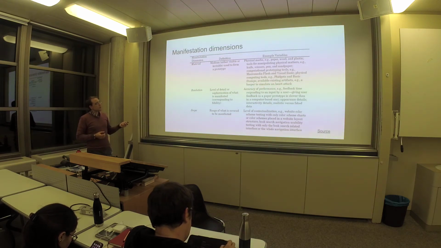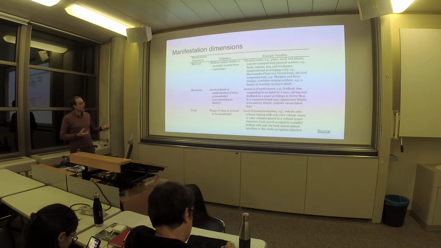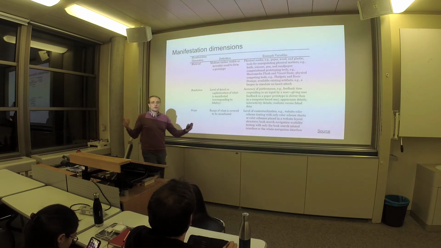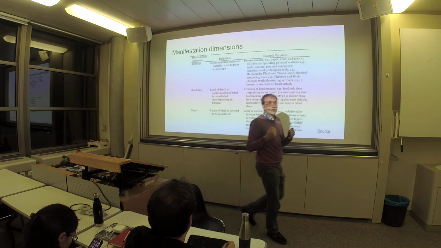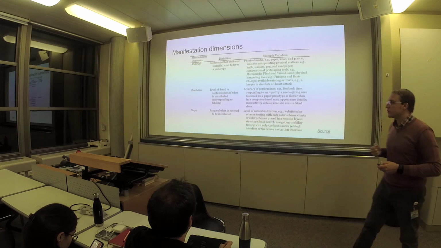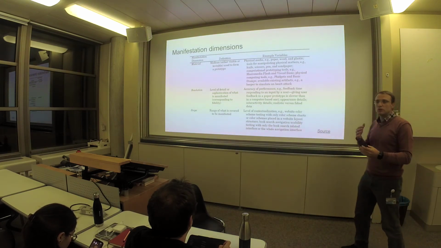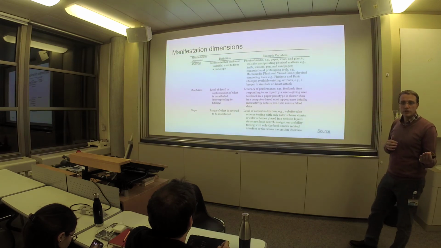The resolution, the number of details that we put into this prototype, and the scope. Essentially, the scope covers the amount of functionalities, the amount of use cases that you want to focus on with your prototype. So typically here you have this distinction between a vertical and a horizontal prototype.